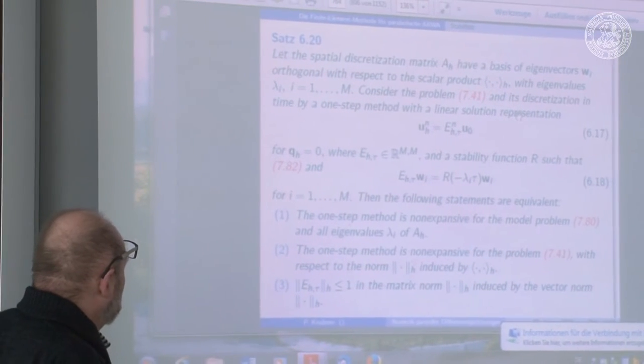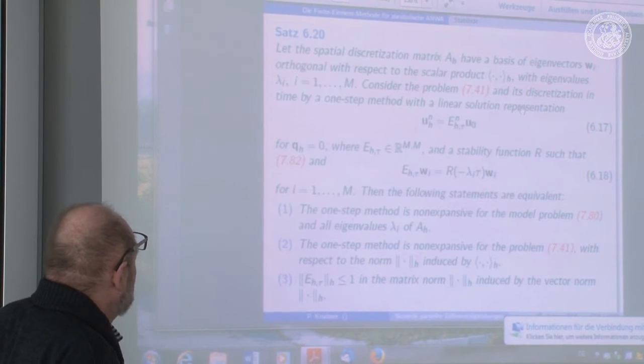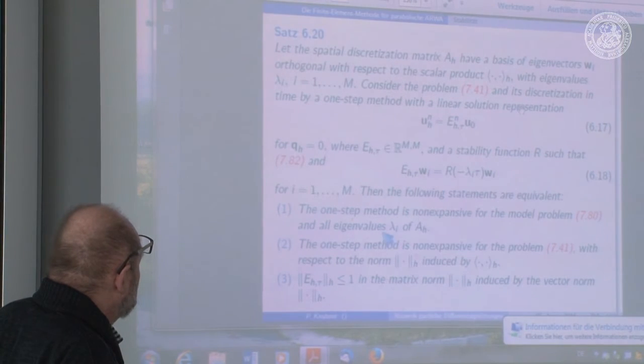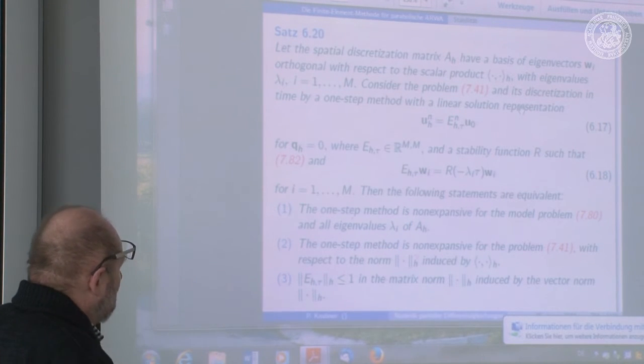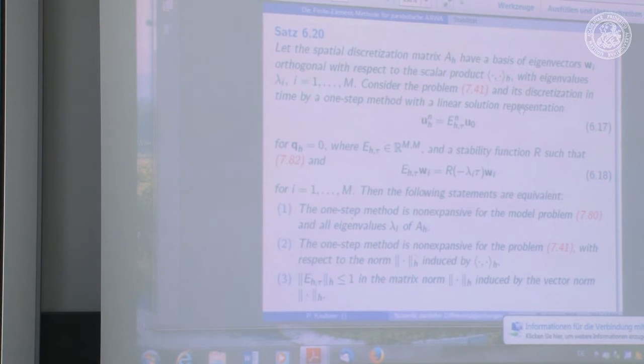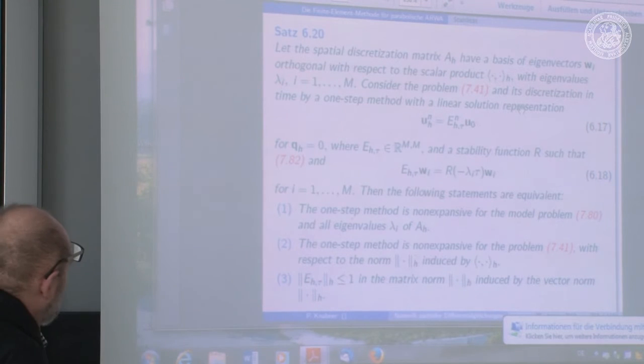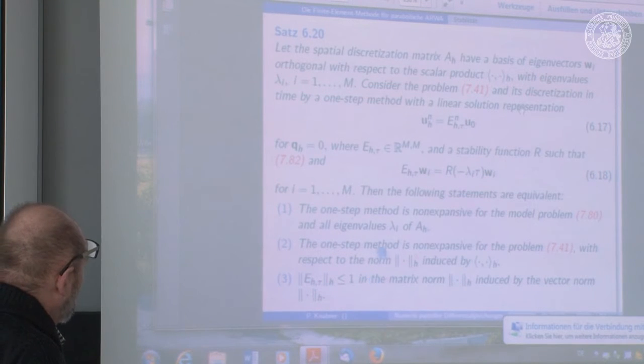The second one, it's non-expansive with respect, so this refers, so to speak, to the scalar case. We plug in the eigenvalues and we just look at the scalar ordinary differential equations. The second version refers to the system. And then we need a matrix norm.